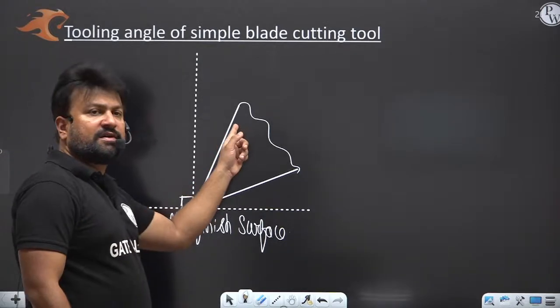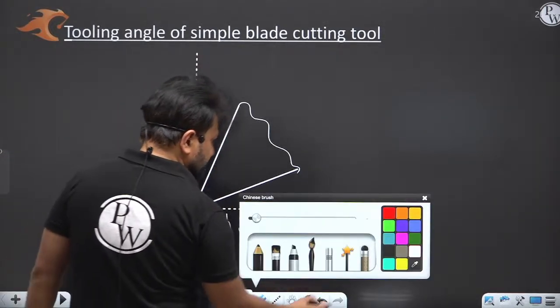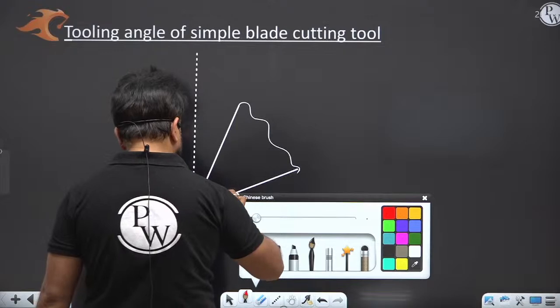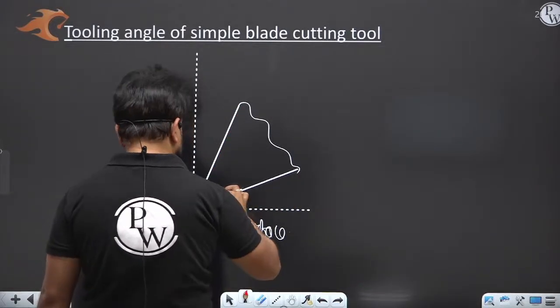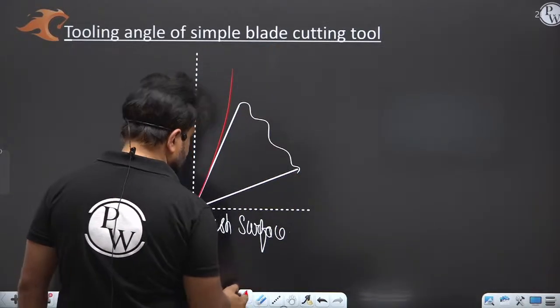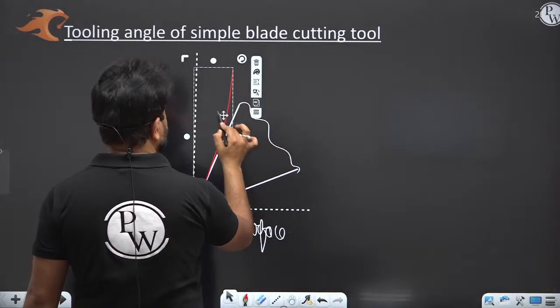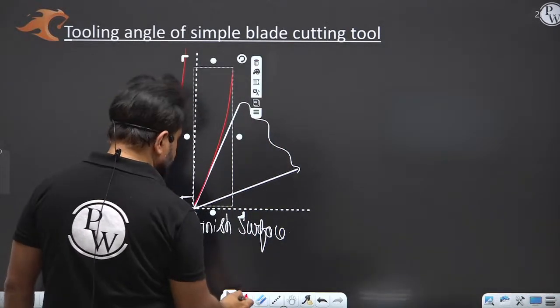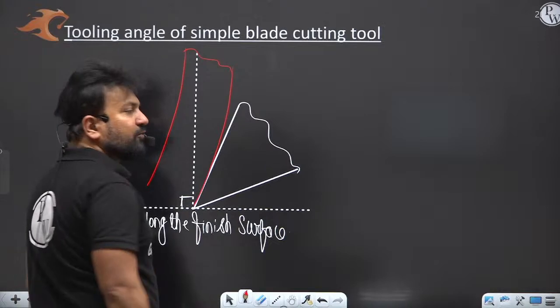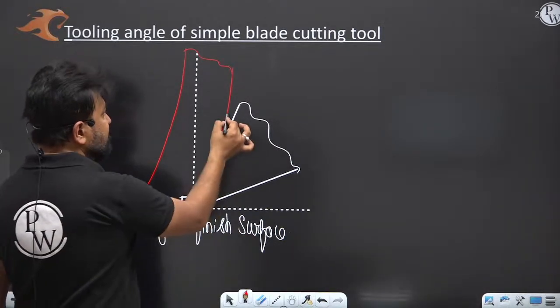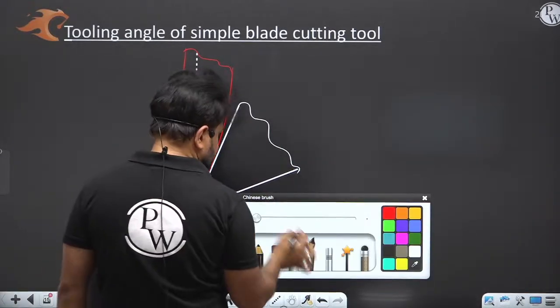My dear, this is what? If the chip is flowing from here, then this surface is known as what? Rake surface.